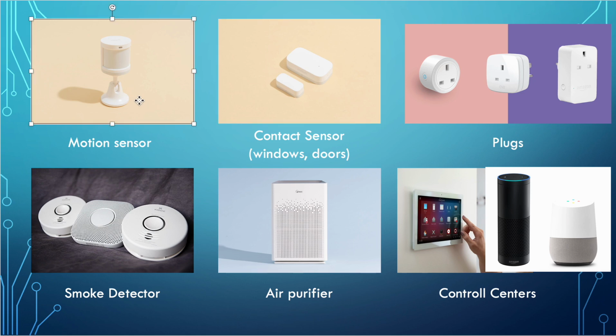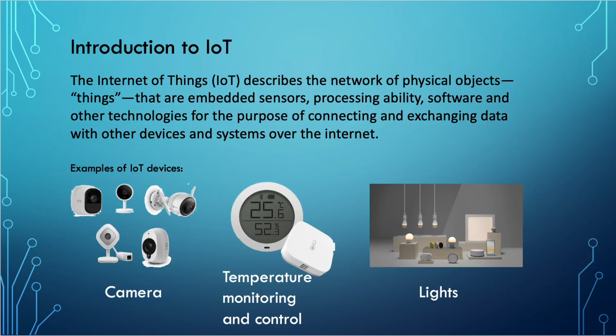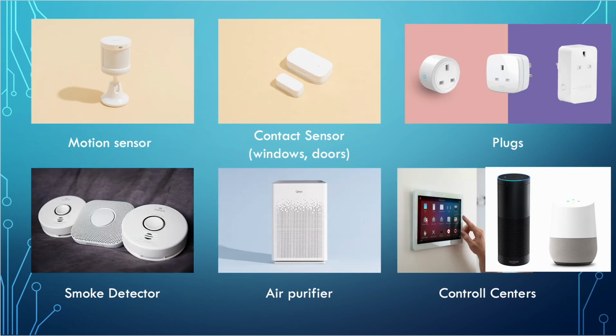Or with a motion sensor, they can detect if somebody comes into the room. They can pass that information to the smart plug, and the smart plugs can switch on. In that case, they don't need smart lights. They can use the lights that are already there in the room, because they are connected to the smart plugs. The lights can come on, the fan, the AC, the TVs, or if it's a meeting room, the projectors and speakers can come on.